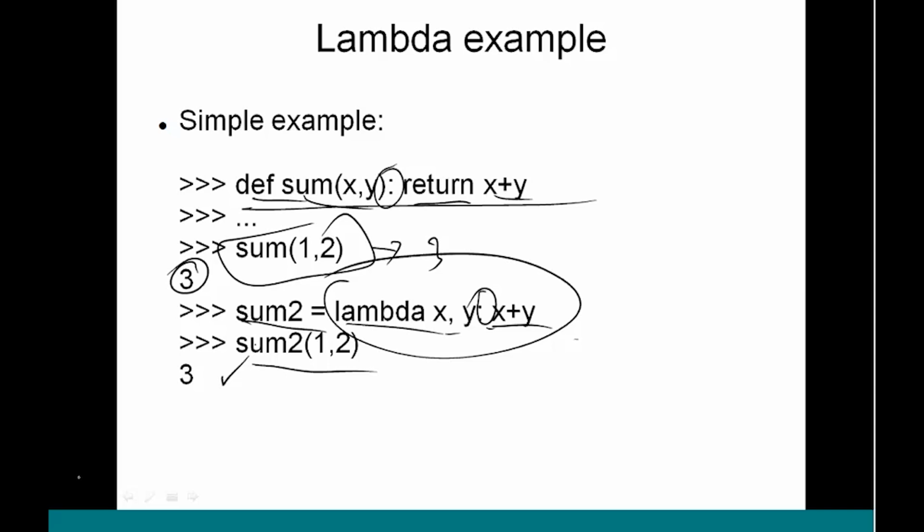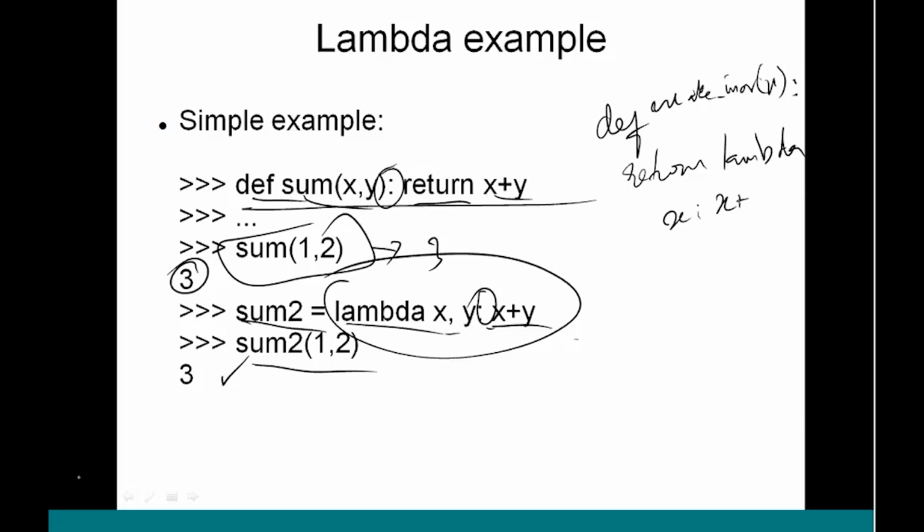So another thing is we can say def make_incrementer with n, and then this function we can define it as return lambda x: x plus n.